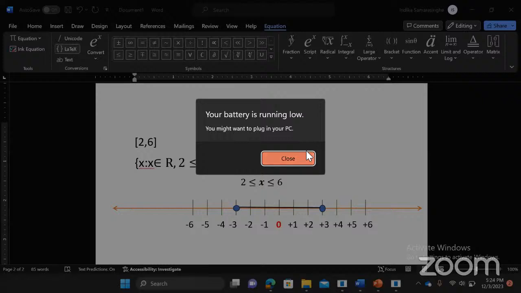Right? Wait for a moment until I come. You do the remaining part, right?